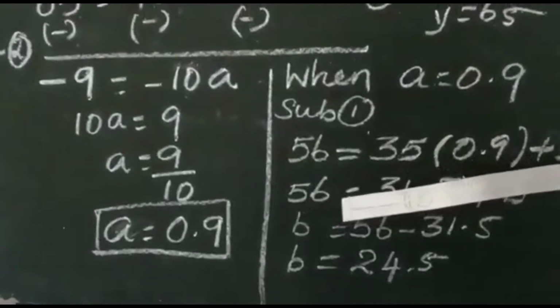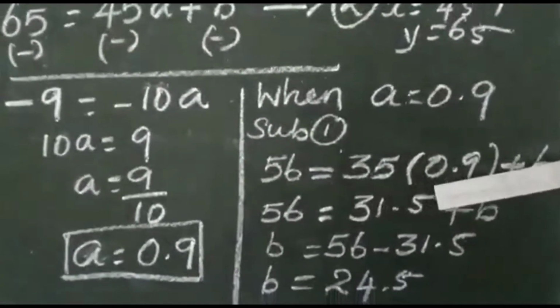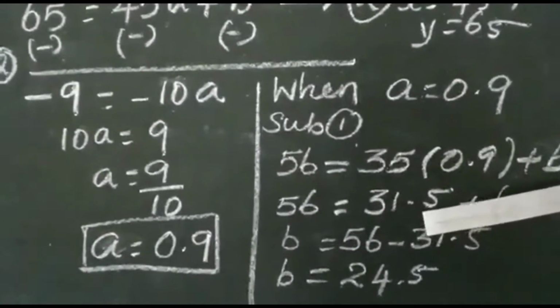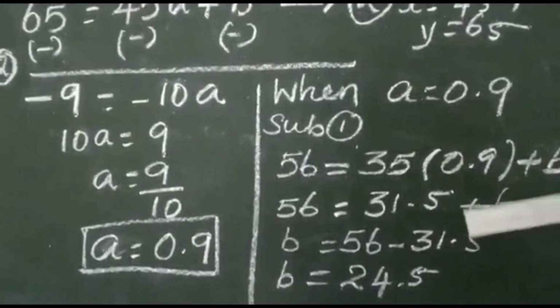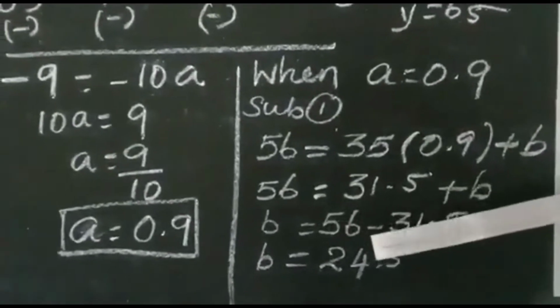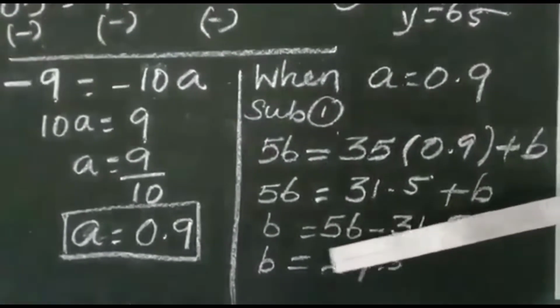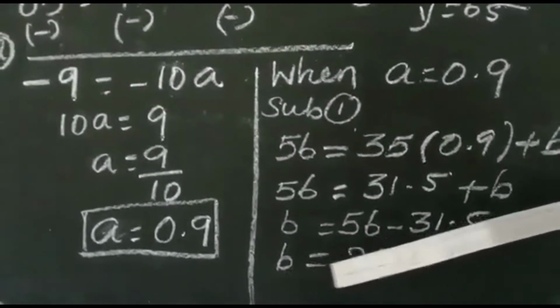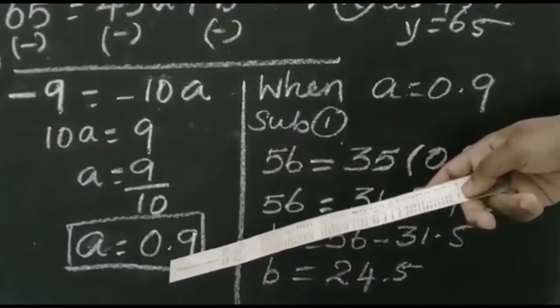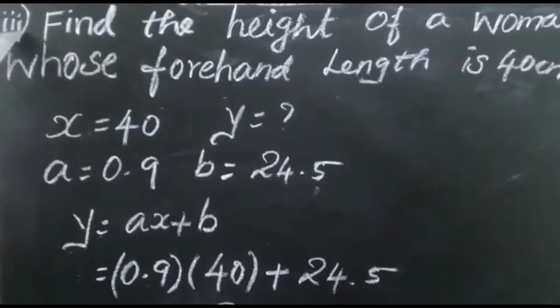So 35 into 0.9, what is the answer? 31.5. So plus b. Now find the b value. b equals 56 minus 31.5. So you got the b value: b equals 24.5, a equals 0.9.